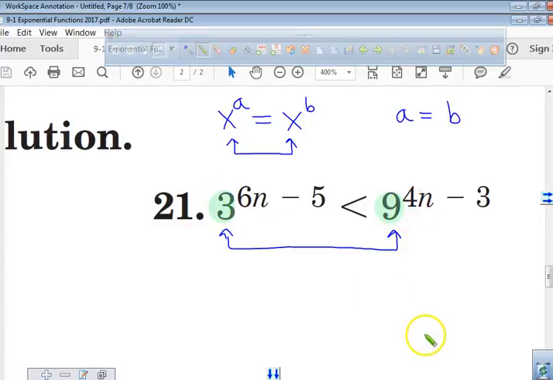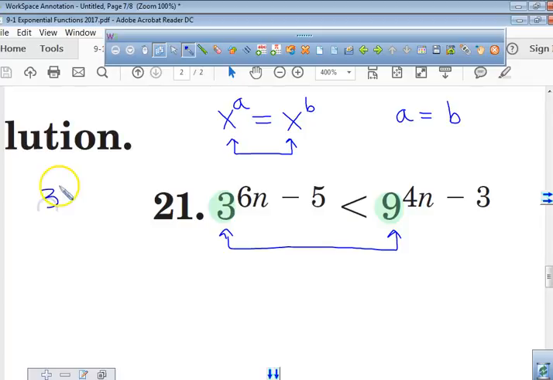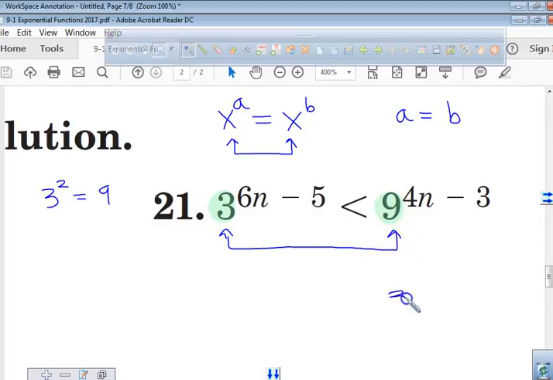We have to convert base 9 to base 3. 3 squared is 9. So watch what I do. Ready? Right here, instead of the number 9, I'm going to write 3 squared, parentheses, 4n minus 3, there's the greater than symbol, 3 raised to the power 6n minus 5.